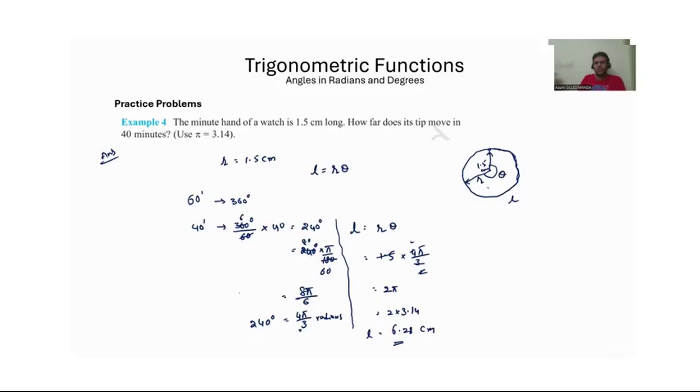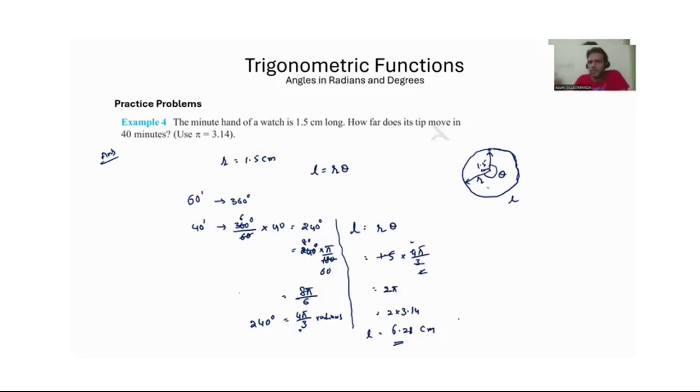So that is 240 into pi by 180, that is 4 pi by 3. Correct, guys? So 8 pi by 6 is nothing but 4 pi by 3. So R is 1.5 and theta is 4 pi by 3. If I substitute, then I'll get 2 pi, which is 6.28 centimeters.